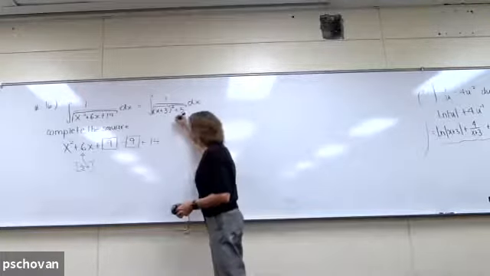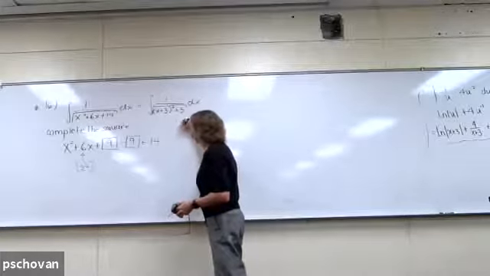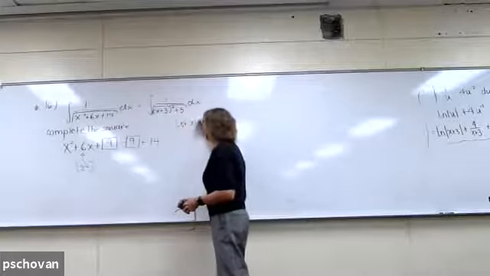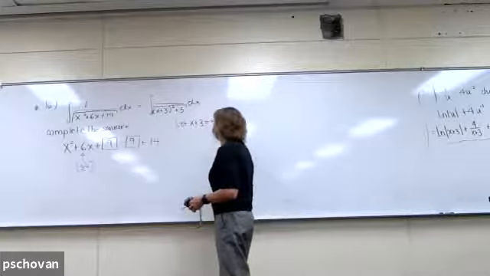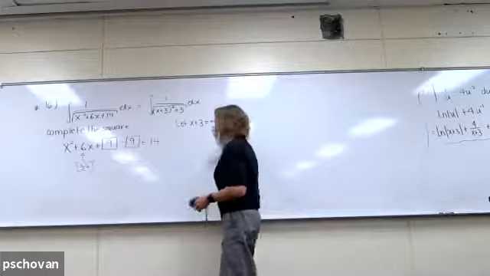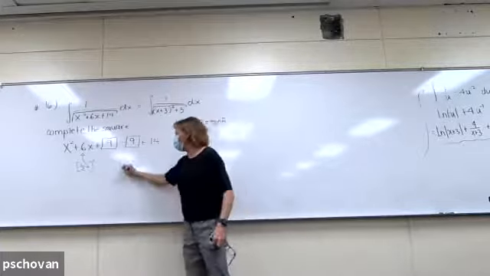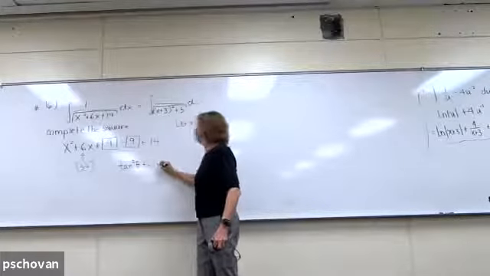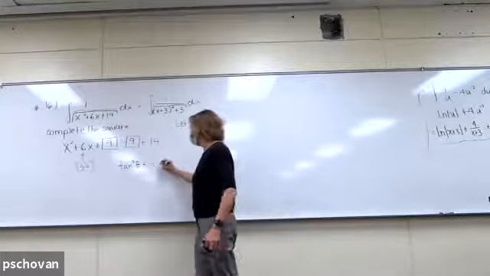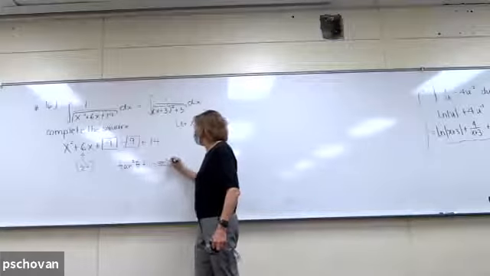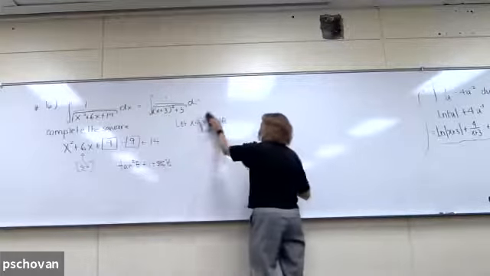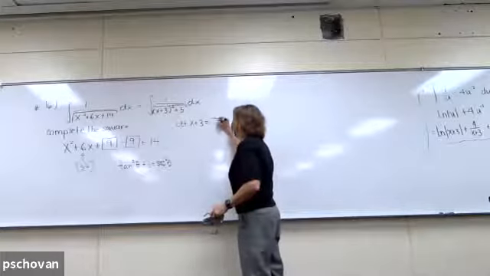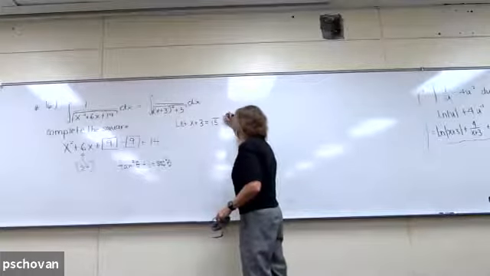So we're going to let x plus 3 be the square root of 5 tangent theta, because I'm hoping to use the fact that tangent squared plus 1 is secant squared. I need to get rid of that 5 after I square it.